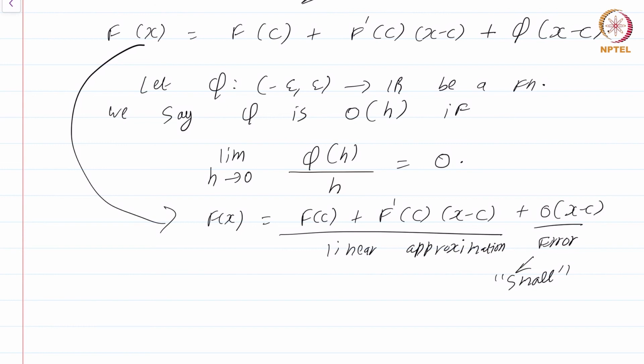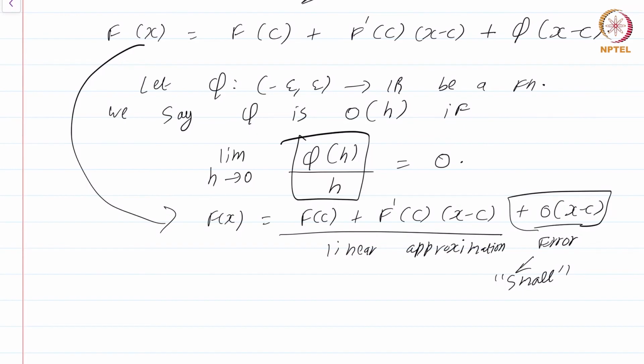Okay, so the key fact is that the error term is really small, and that's captured by saying that when you divide by h and take the limit as h goes to 0, you still get 0. That's simply saying that whatever this phi of h is, near 0, it is even smaller than h, right?